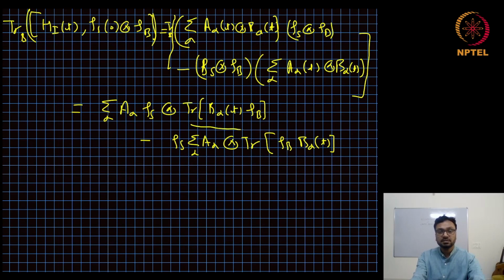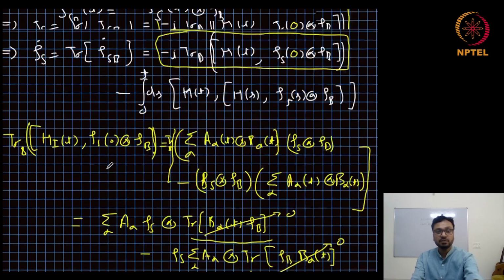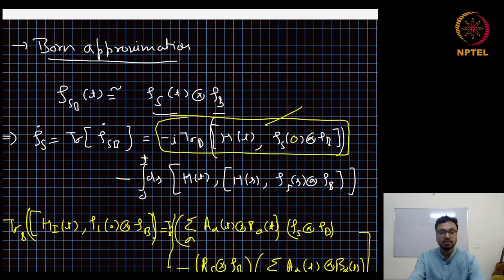So this is the expectation value of the bath operator at time t, and this is also the expectation value of the bath operator at time t. Since the bath state does not evolve in time, it's in a steady state, so this expectation value is the same as the expectation value at time 0. And since the bath is considered to be completely random, this tends to 0. Therefore, the first term itself goes to 0.